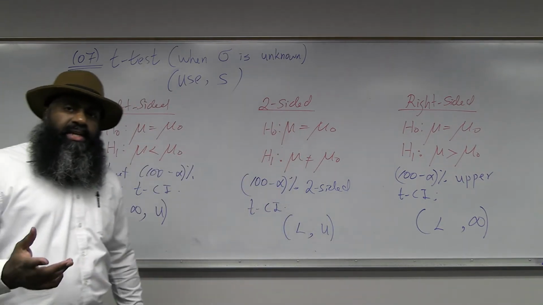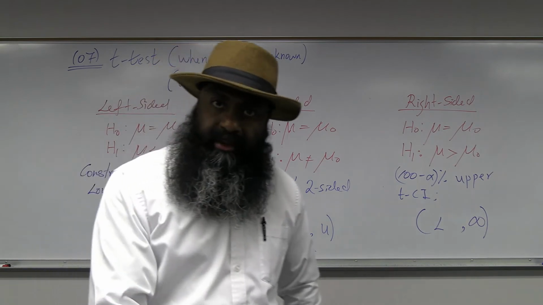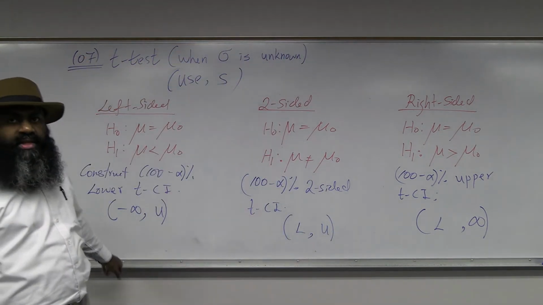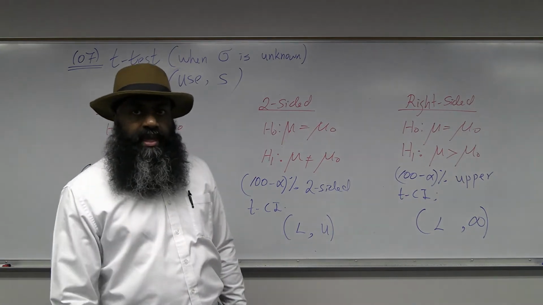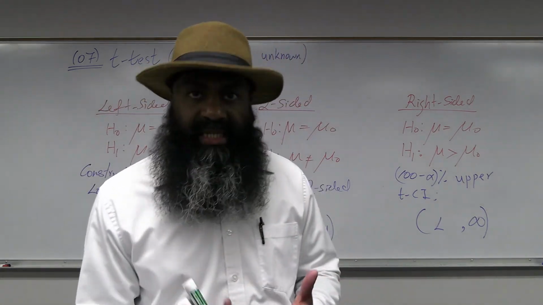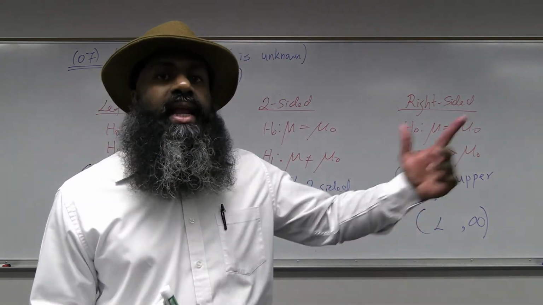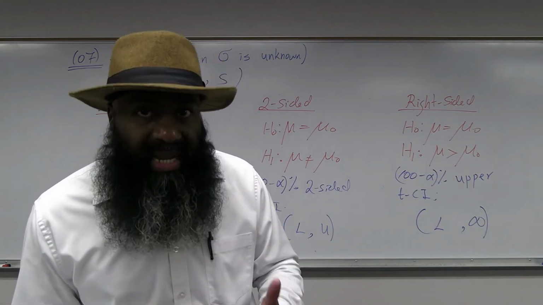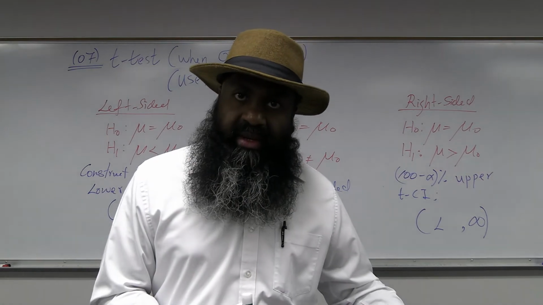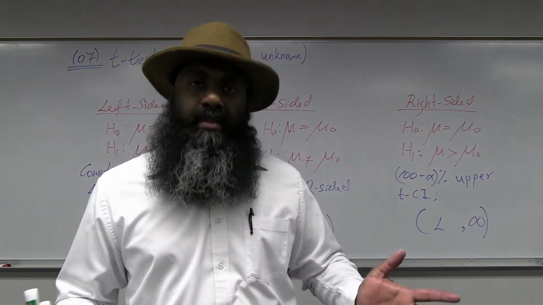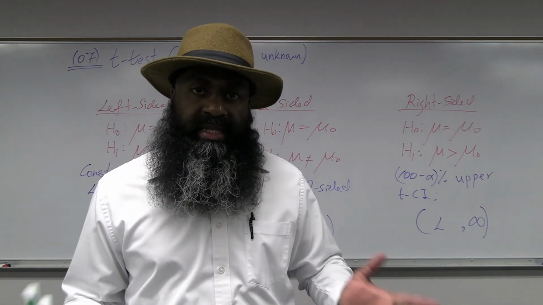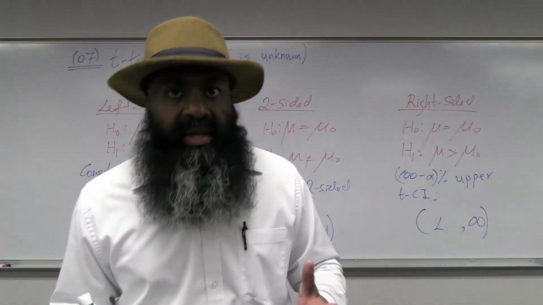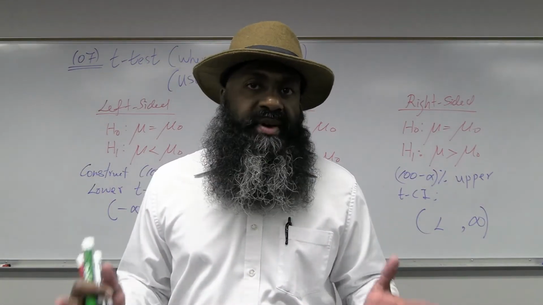So the test procedure is just like earlier. See if mu 0 is inside of the confidence interval constructed. If it is inside the confidence interval, we accept the null hypothesis. If mu 0 is not inside the confidence interval, we reject the null hypothesis. Just like earlier, interpretation should be only about the fate of the alternative hypothesis.